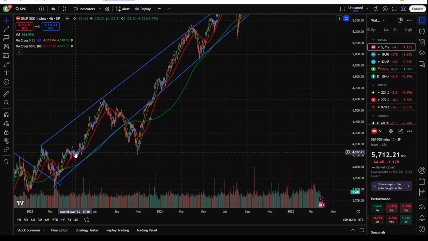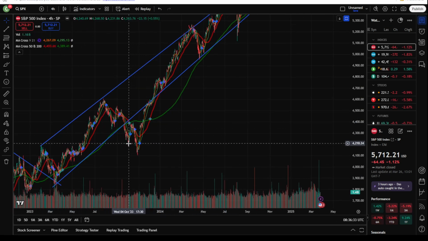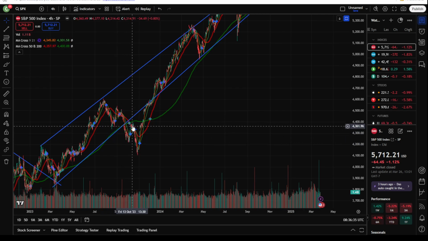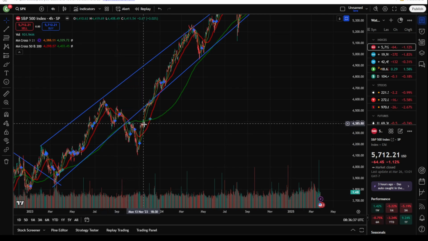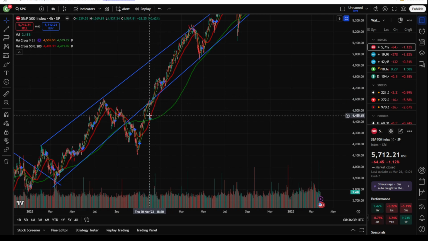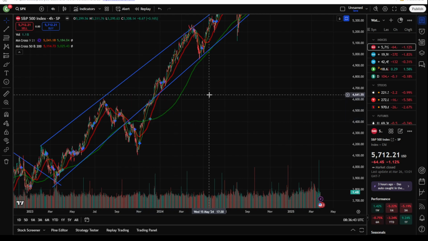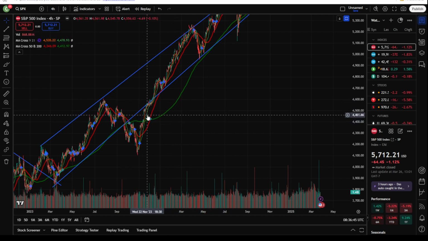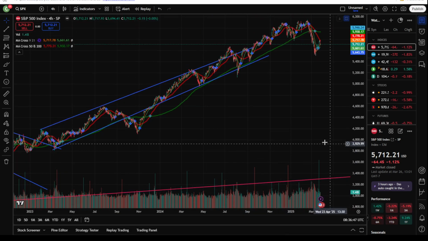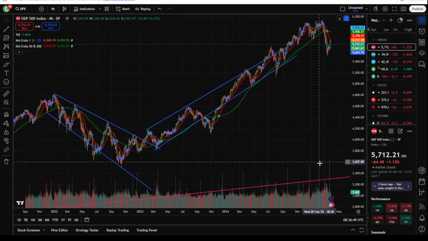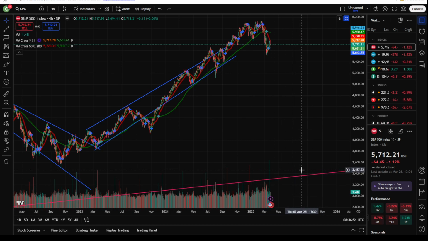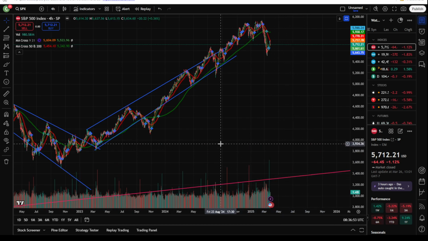I think the reason why I have this drawn out here is because I wanted to ignore this due to the fact that this was a massive head and shoulders pattern. And there was a gap opening as well that never filled. Yeah, gotta worry about that one because when it does fill, it's probably gonna head down toward that deadly line.